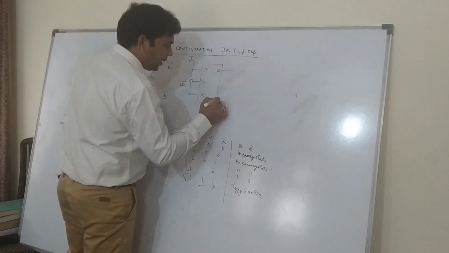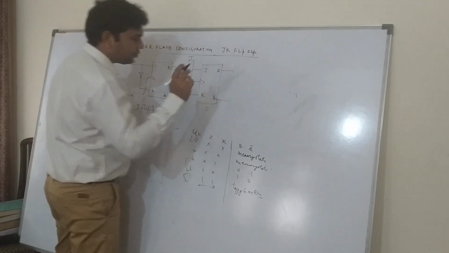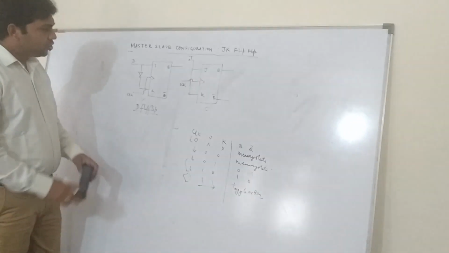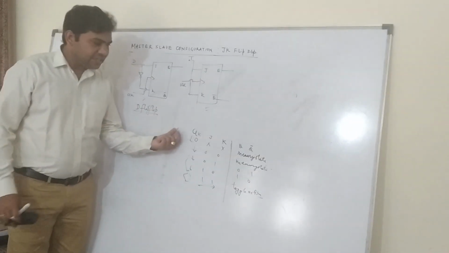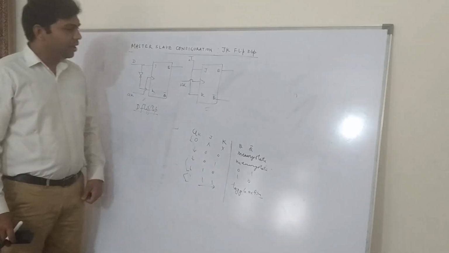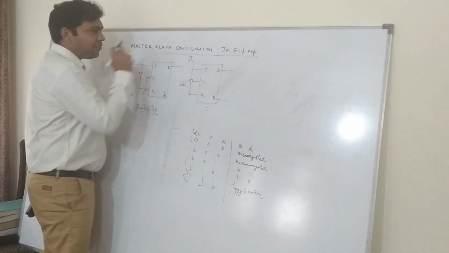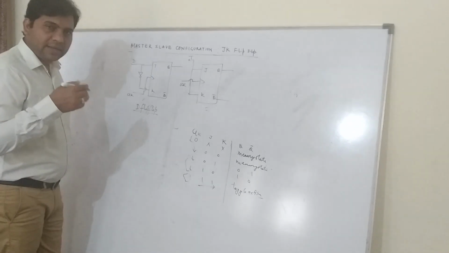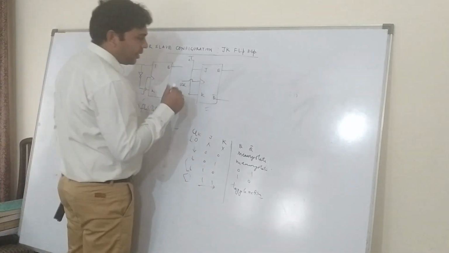This is Q and Q bar, like this. So you have a JK flip flop, you can have a D flip flop, you can have a T flip flop like this.